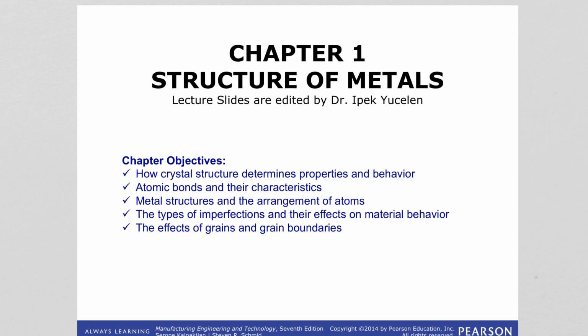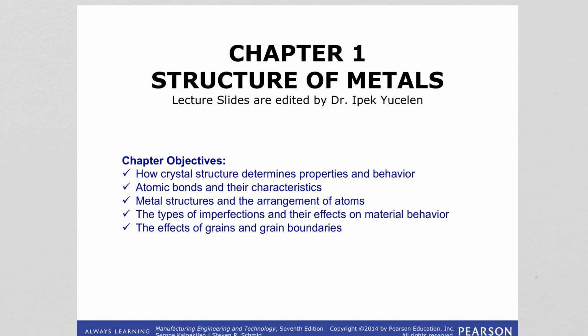So we're going to review the crystal structure and arrangement of atoms and how they determine the material behavior, and imperfections such as dislocations, which is a very important topic to understand because it is directly related to plastic deformation, meaning the permanent deformation, which is key in manufacturing, right?